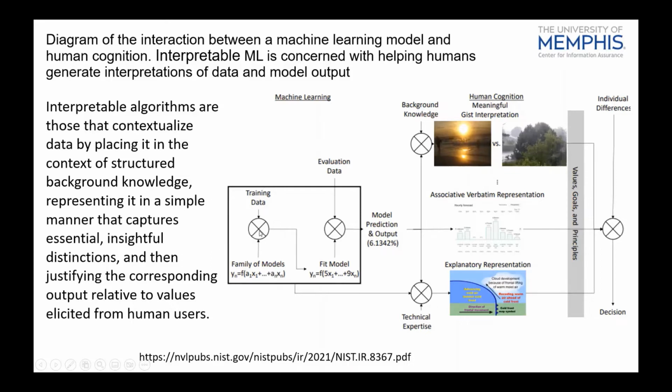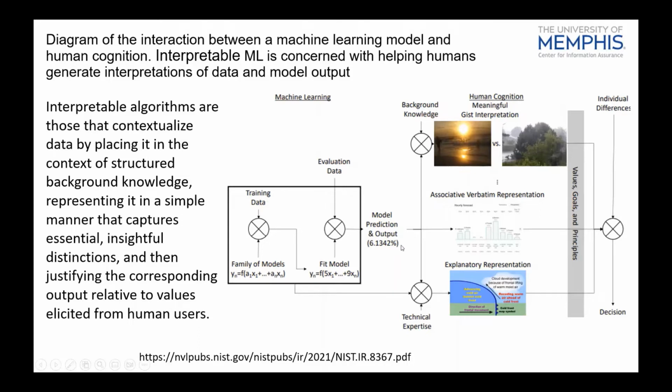This training data will train the model. Then you use the evaluation data, that is the testing data or field data, and using the model that was created, it will produce the output.